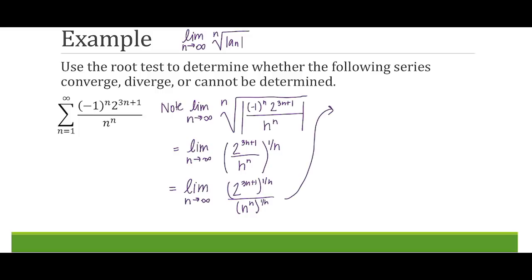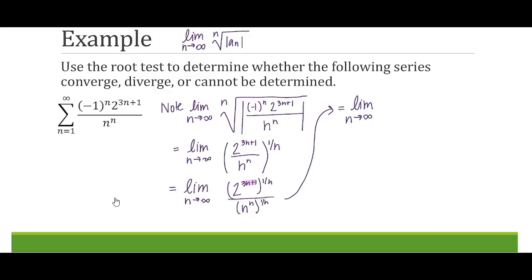So I'm going to bring my work up here. I have the limit as n approaches infinity of, well, here these exponents multiply, and since the exponent is a binomial, the 1 over n distributes to both terms. So if I multiply 1 over n times 3n, I'm going to end up with just 3.